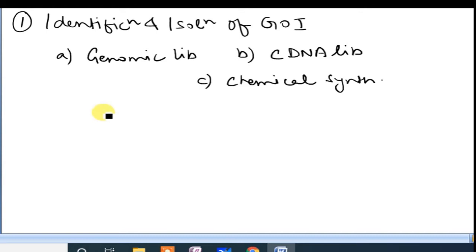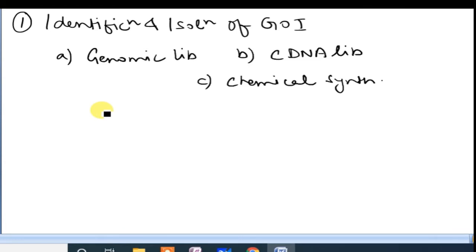And chemically, the particular DNA that you need can also be synthesized now with the advancement of technology. So these are the three methods you can utilize for identification and isolation of your gene of interest. The gene of interest that we want to work on is insulin.